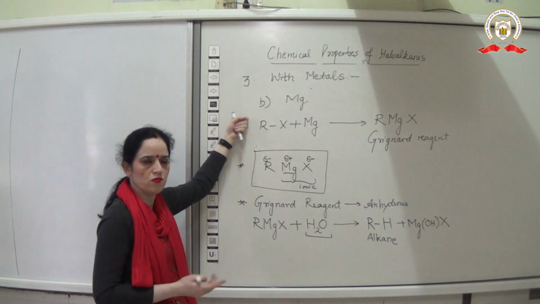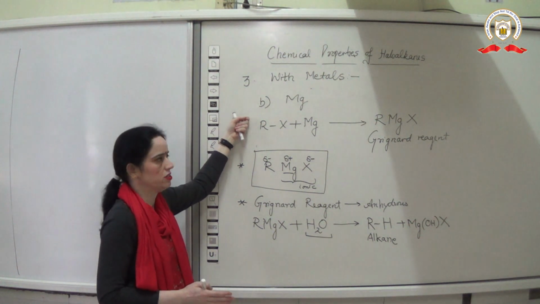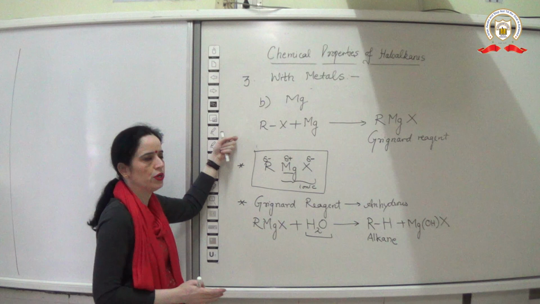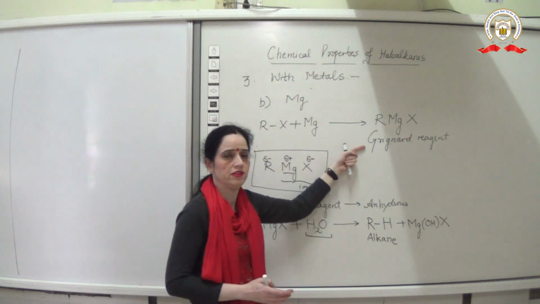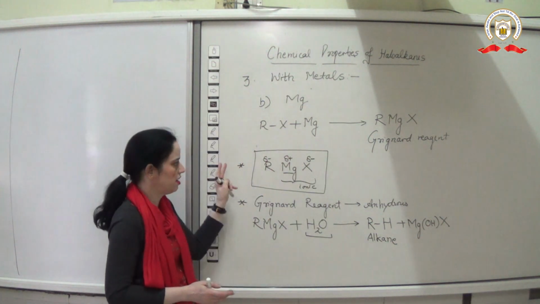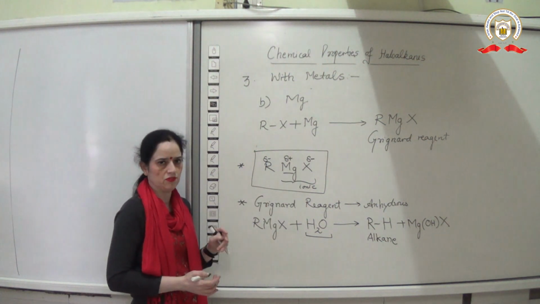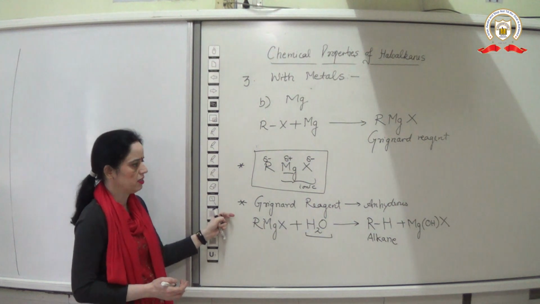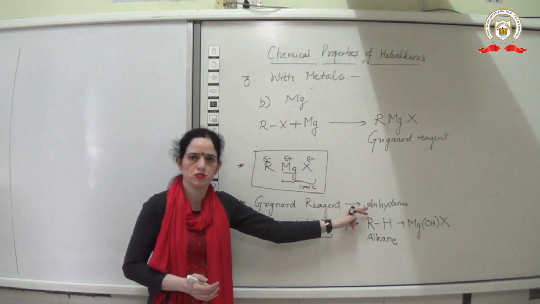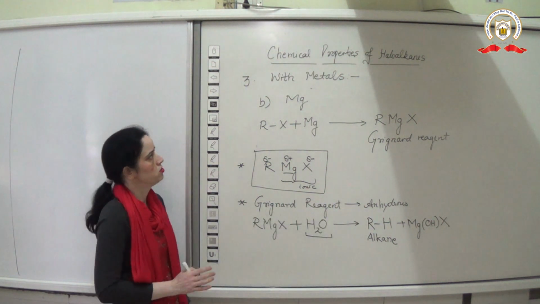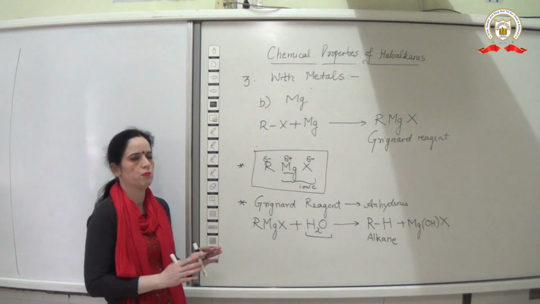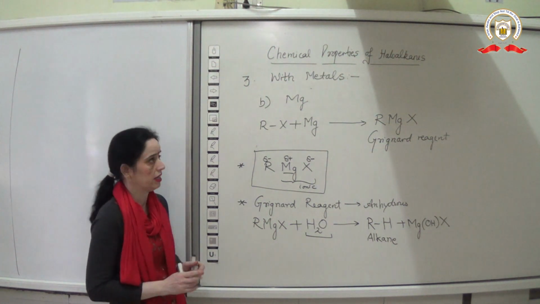In case of Na, we follow the Wurtz reaction, and in case of Mg, we get the Grignard reagent. So the two questions are the structure of Grignard reagent, where the electropositive and electronegative character lies, and the second, why Grignard reagent should be kept anhydrous. This is the part of chemical properties of haloalkane.